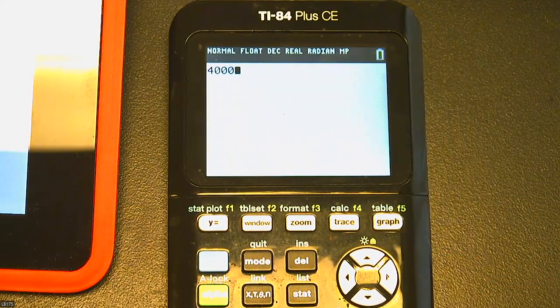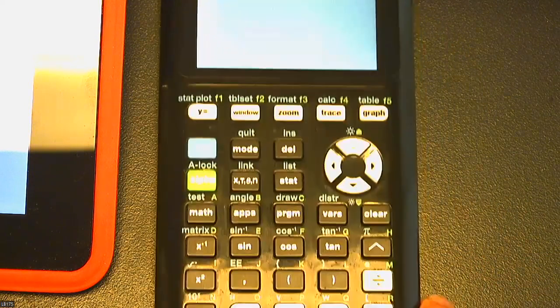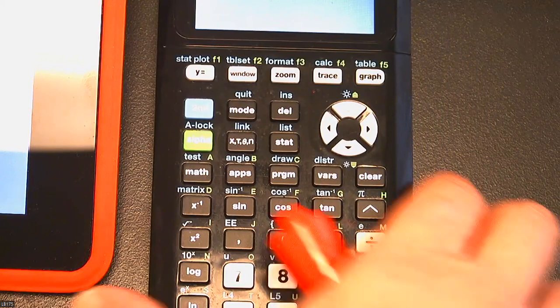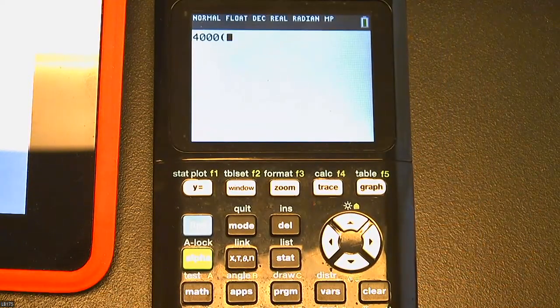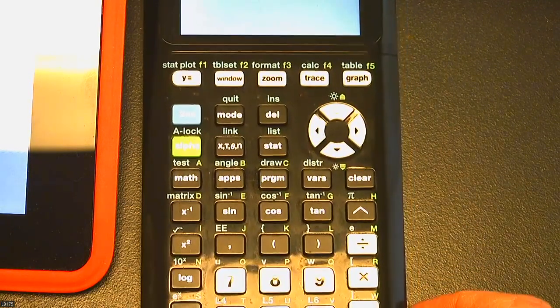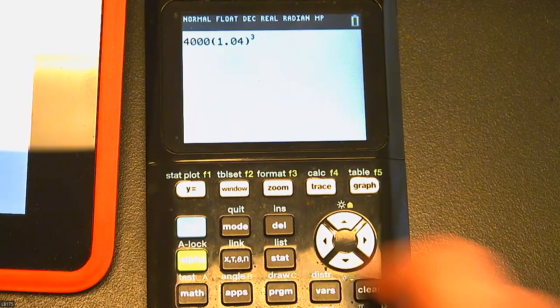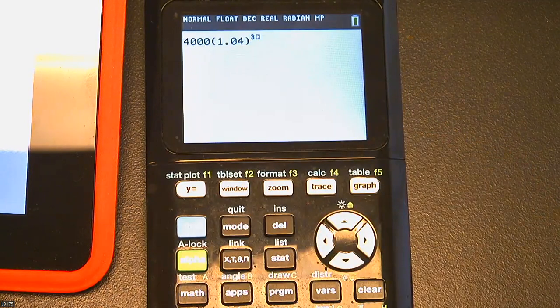But if I do 4,000, what I can do is hit the parentheses, again above the 8 and the 9. Parentheses 1.04 in my parentheses. And then on this calculator, the exponent key is this one. And on this calculator, it kind of indents it as an exponent. So there you go. And sure enough, we get 4499.46.